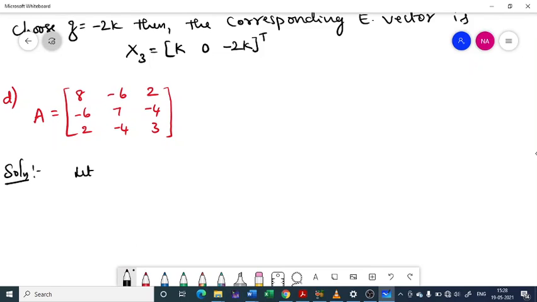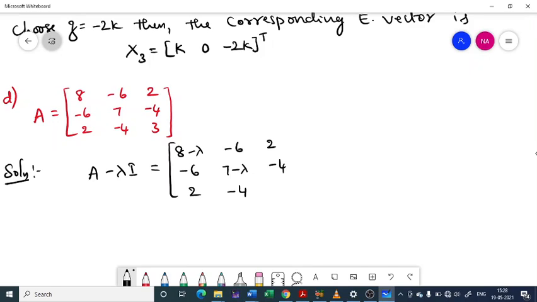Let us now form A minus lambda I, which will be the matrix 8 minus lambda, minus 6, 2; minus 6, 7 minus lambda, minus 4; 2, minus 4, 3 minus lambda.